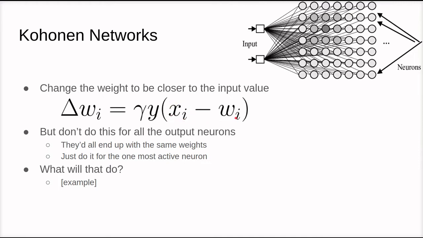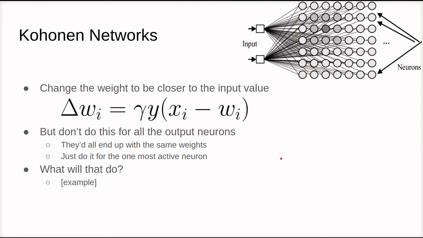So if xi causes the neuron to fire, then that weight gets potentiated by the degree that there's a difference between these two quantities. But we wouldn't want to do it for all the output neurons. They just all end up with the same weights.